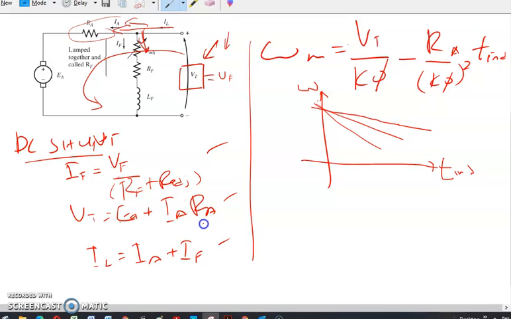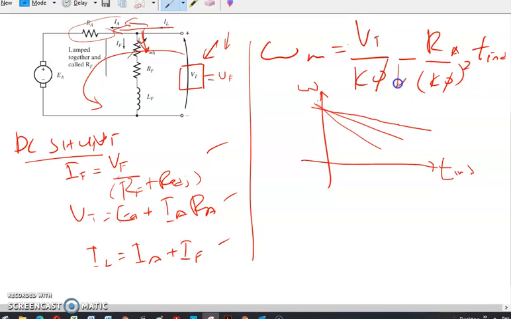Another effect that affects the motor torque-speed characteristic is the armature reaction. When the load increases and we put more torque on the shaft, the flux weakening effect will reduce the flux.